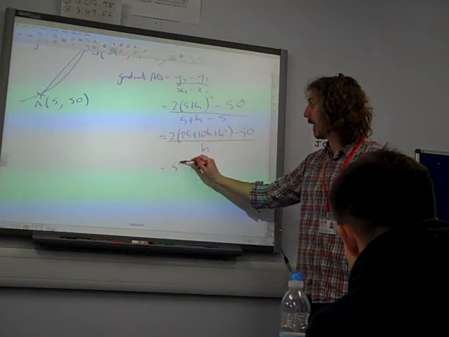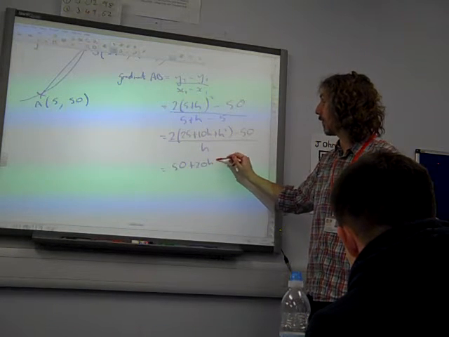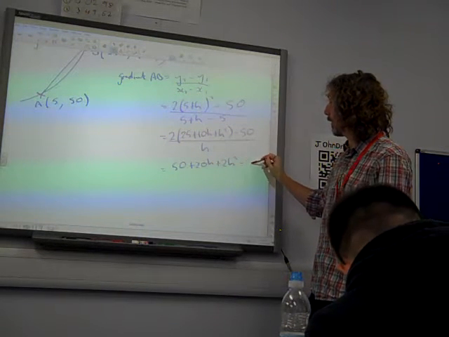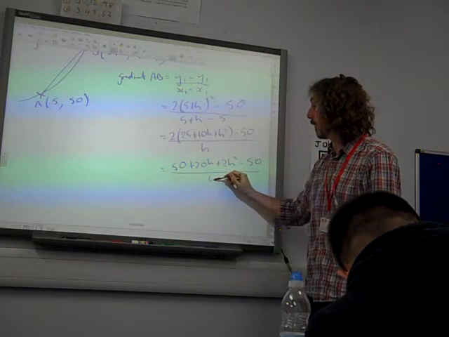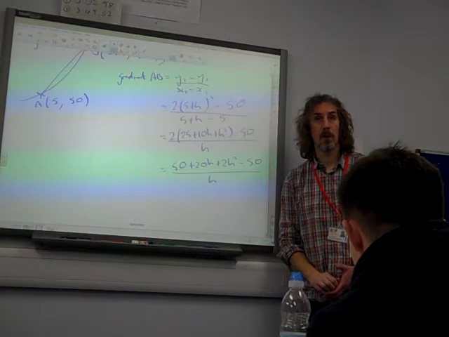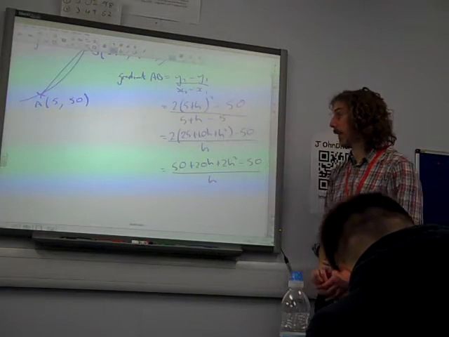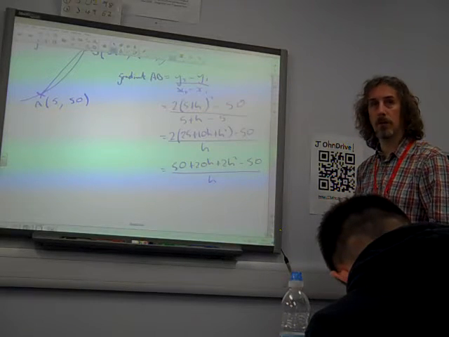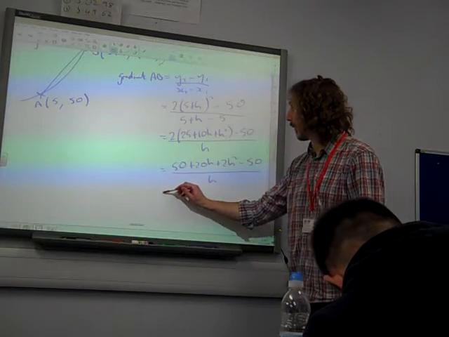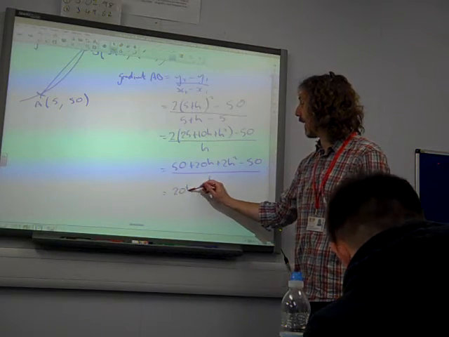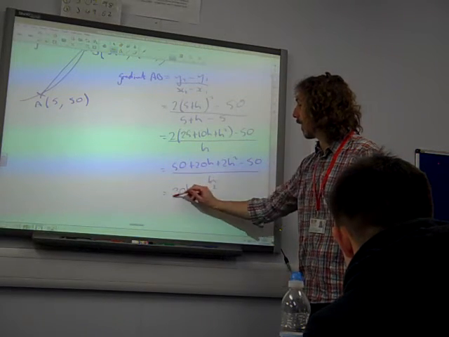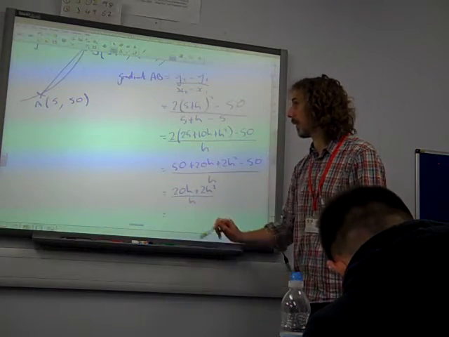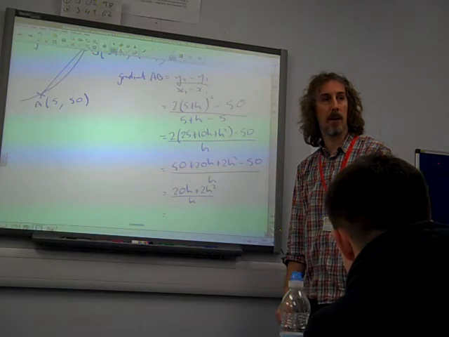So this is 50 plus 20h plus 2h squared minus 50, divided by h. Very conveniently, the 50 subtracts itself away. We're left with 20h plus 2h squared over h, and I'm giving maybe more detail than you'd need here.